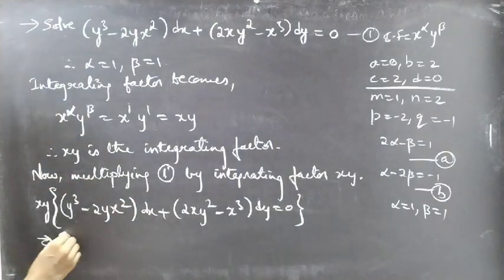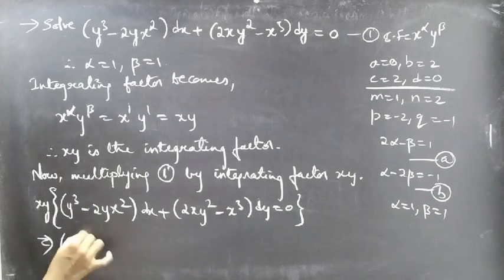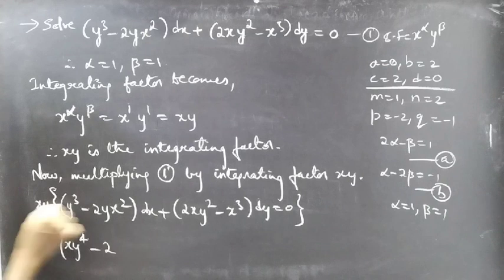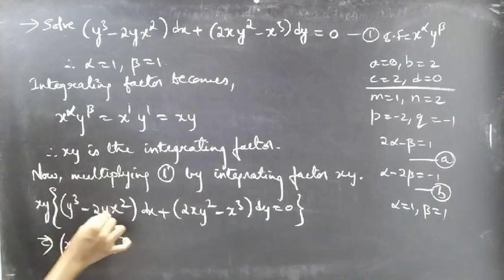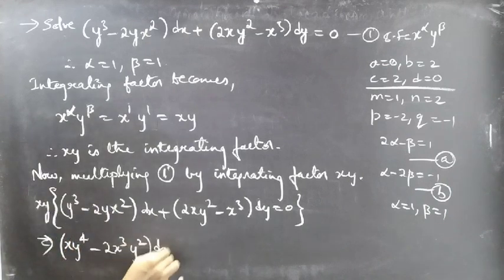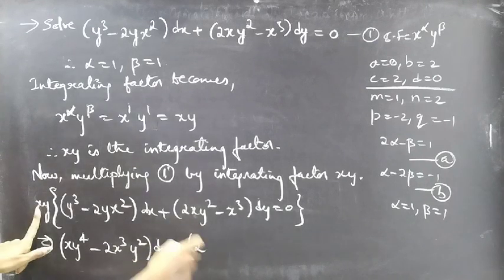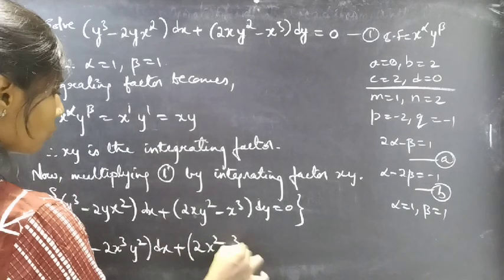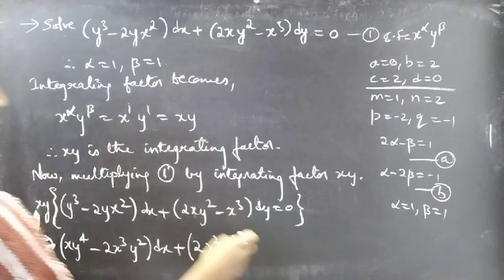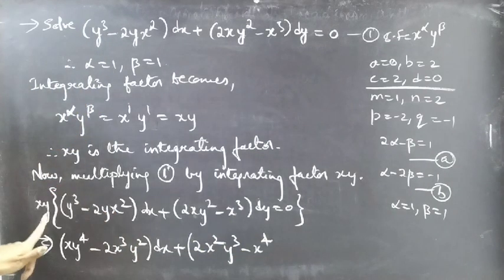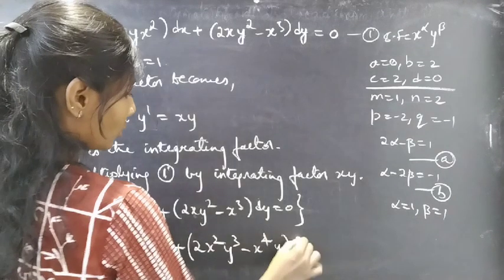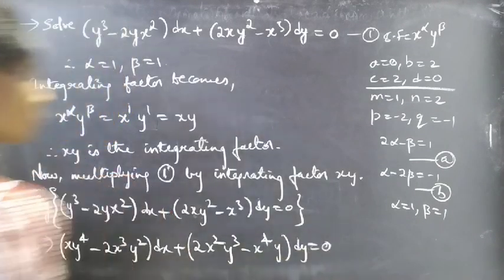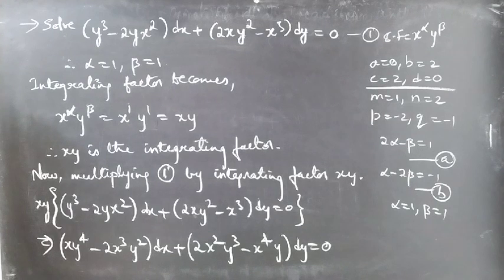This gives us xy into y cube, y power 4, minus 2 x into x square, x cube, y into y square, into dx plus 2 x into x square, y into y square, y cube, minus x into x cube, x power 4 into y, into dy equal to 0, right?